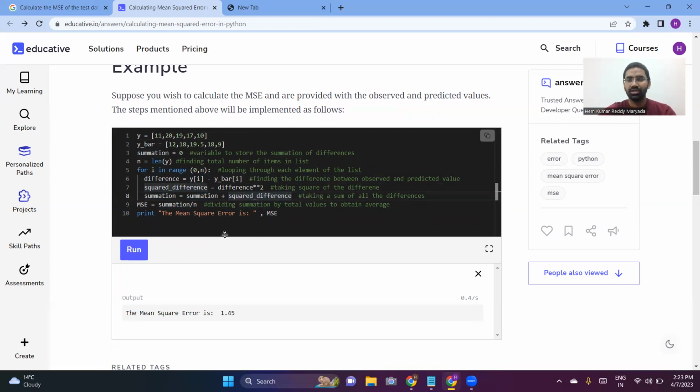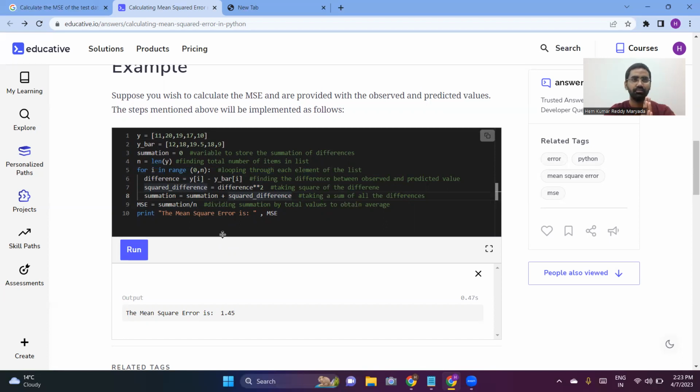I hope you understood this exercise. Let me recap it. You have two sets of data here, y and y cap. y is the actual value and y cap is the predicted value. So you take the difference, y minus y cap, and you get some values.